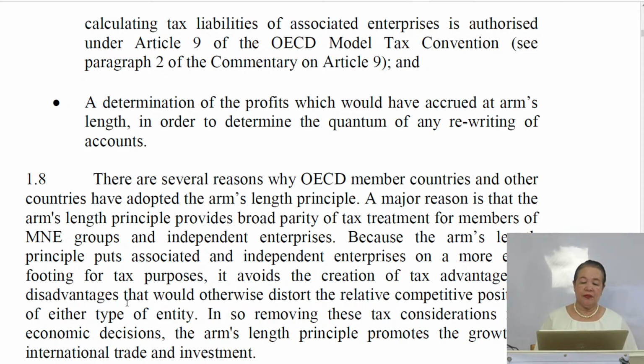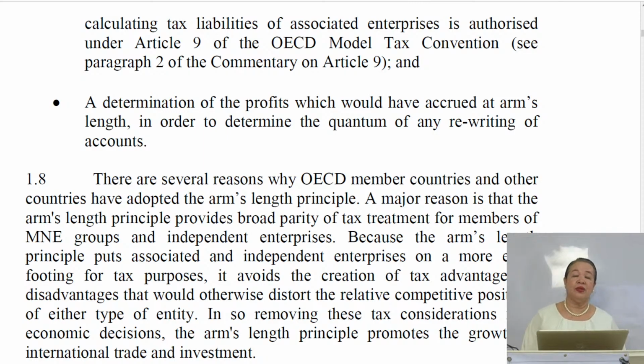So, you can see in the OECD Model Tax Convention on Income and Capital that the provision in its article is very, very short, but the coverage of the commentary is very, very long, because it has a lot of explanations on one article only.